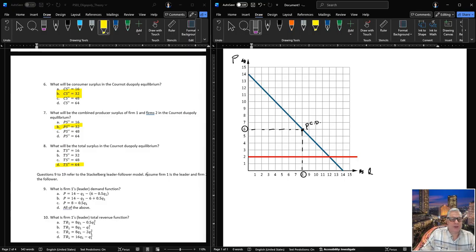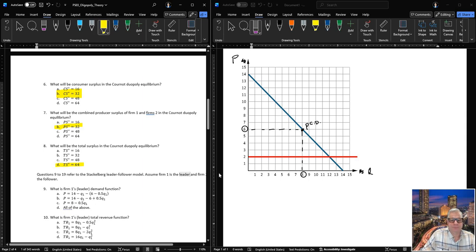So the next question refers to the Stackelberg case. Now we assume that firm 1 is the leader. And what is the leader's demand function? Okay, so now the trick here is that we already need to insert into the demand function the response of the follower.